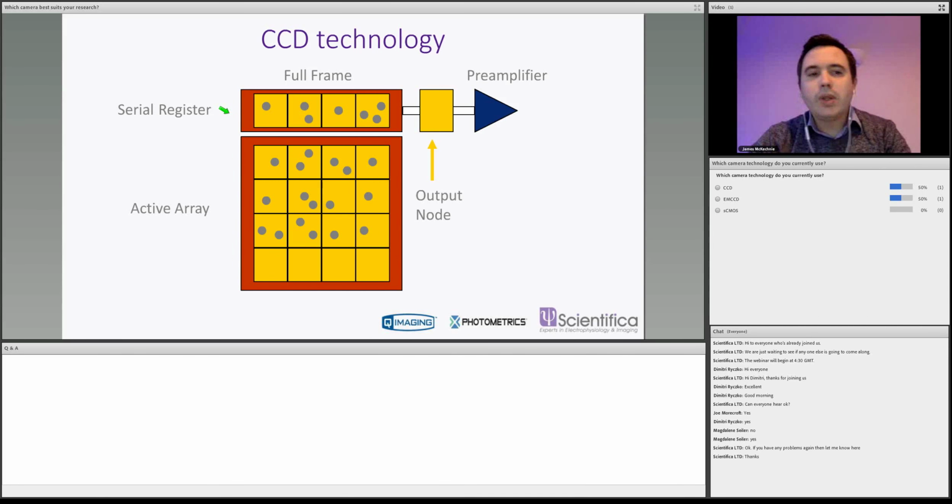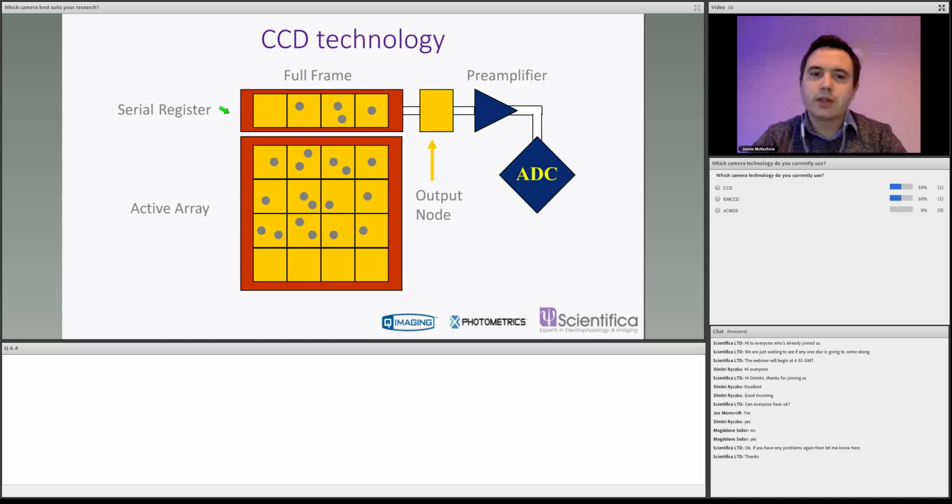We make cameras that go from 1.4 million pixels to 6 million pixels that are on CCD technology. Let's take the 1.4 million pixel camera as a starting point. At live frame rate, kind of maximum frame rate, that runs at 10 frames a second.